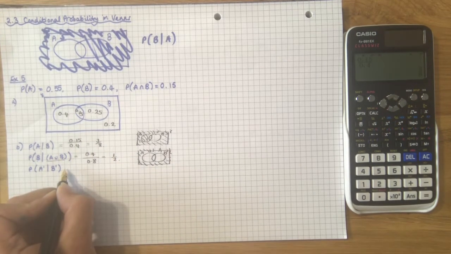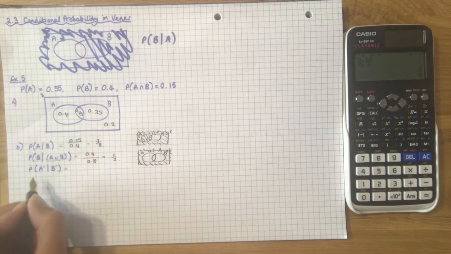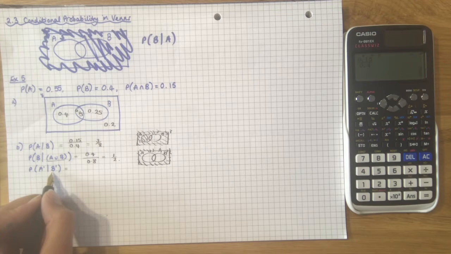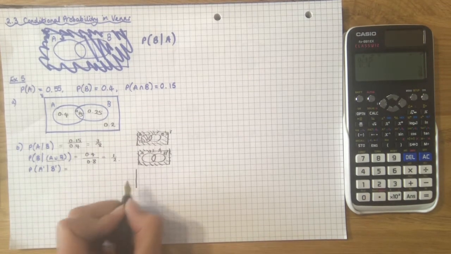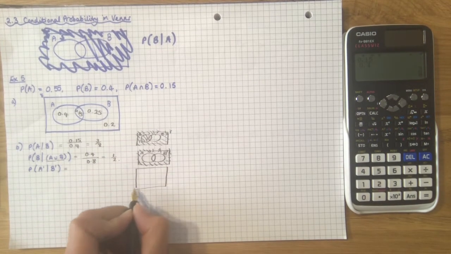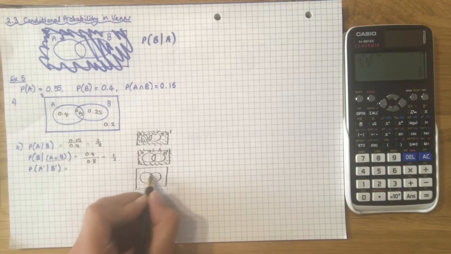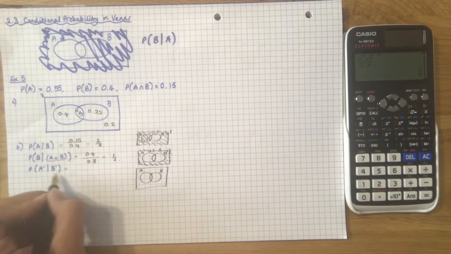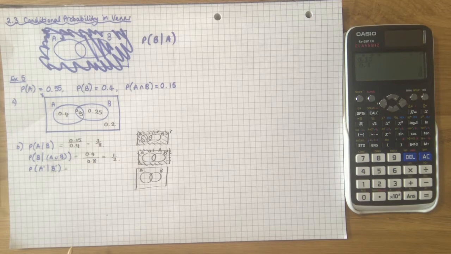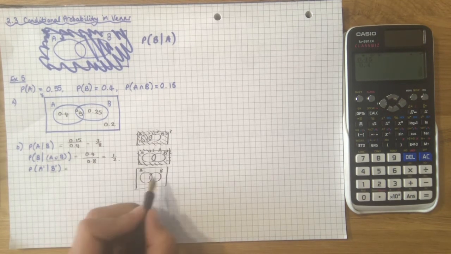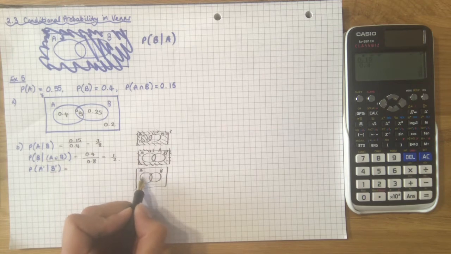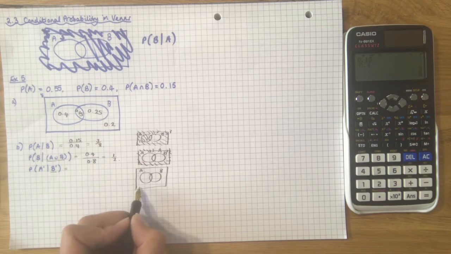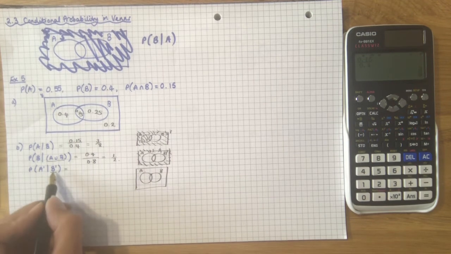And then for the third one, what's the probability of A not happening given that B has also not happened? So let's think about our diagram. And what are we restricting the sample space to? We're restricting the sample space to B not happening. So we need to be outside of B. So we are interested in this section of the A circle and the outside of both circles because that's B not happening.